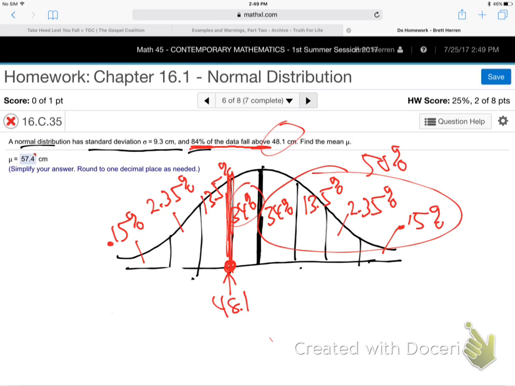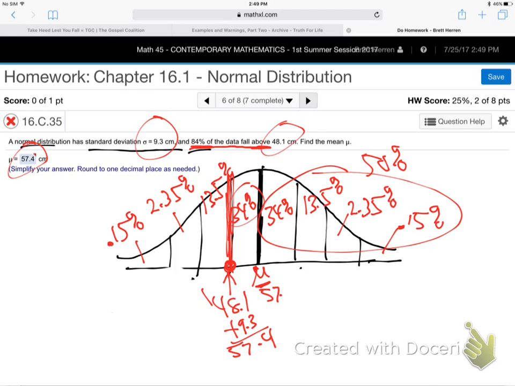Right? And, okay, so what? Well, what do they want? They want the middle. Where's the middle? Here. Well, how do I find the middle? Well, they're telling me how much the standard jump is. They're telling me each of those lines is 9.3. So if I add 9.3 to that thing, what do you get? 57.4.